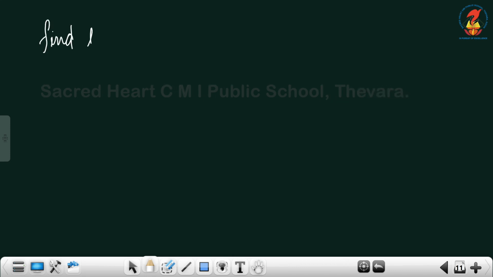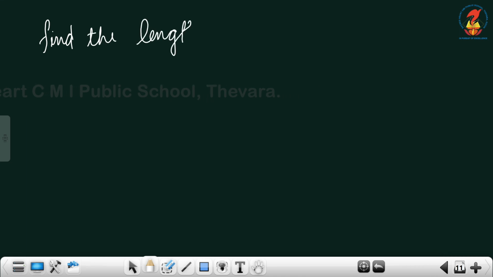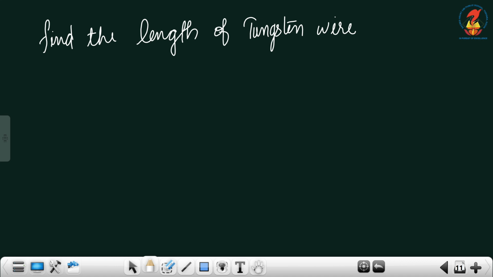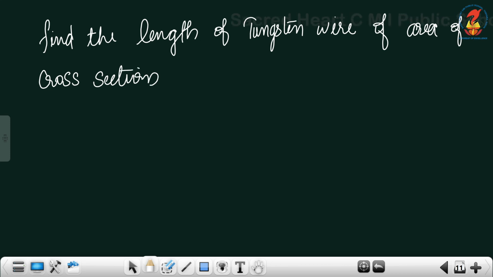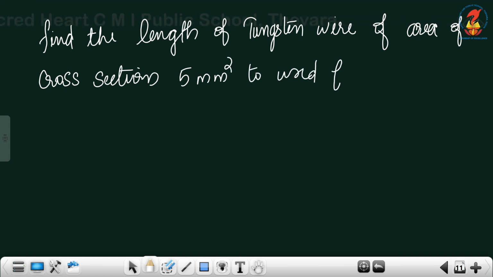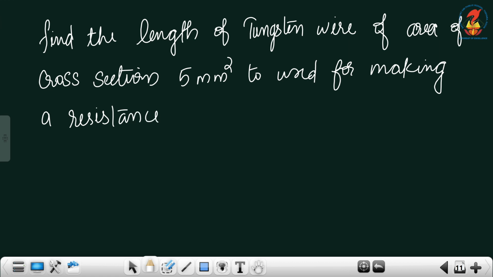Find the length of tungsten wire of area of cross section 5 millimeter square used for making a resistance of 750 ohm.